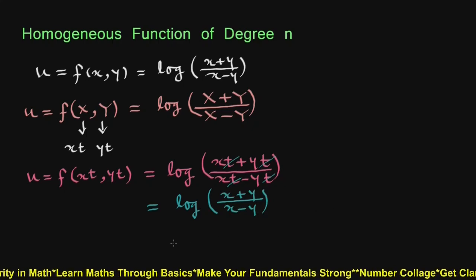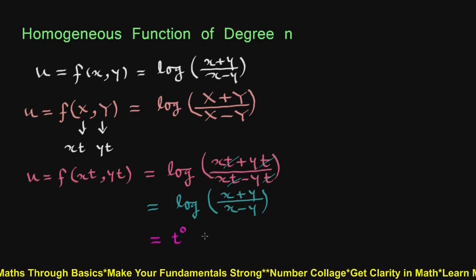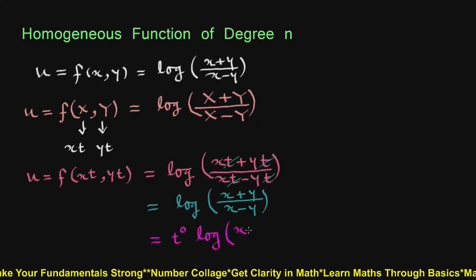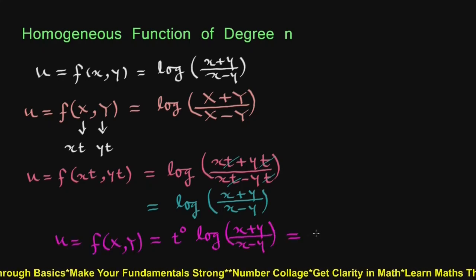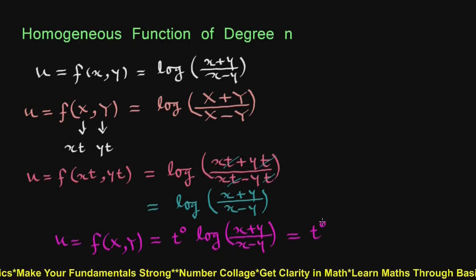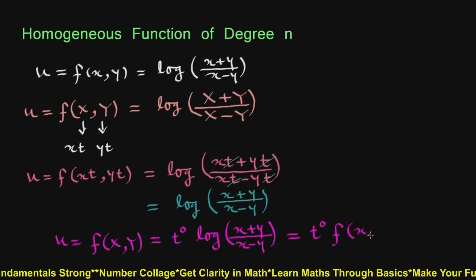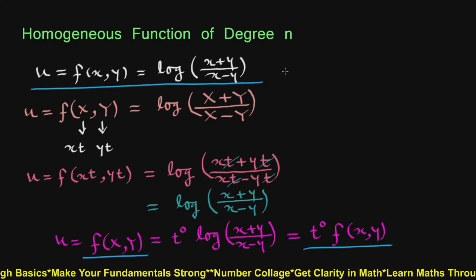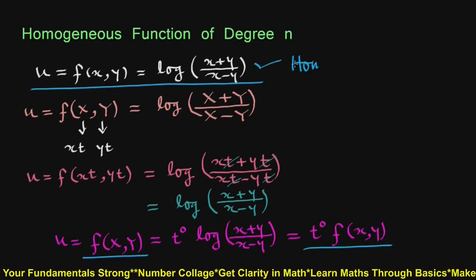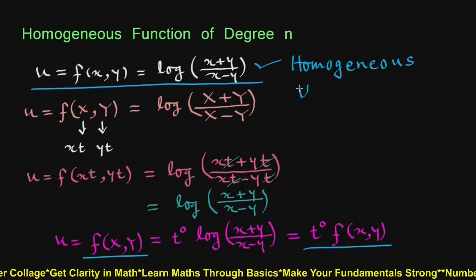We can write this as t raised to 0, which is 1, times log of x plus y upon x minus y, which is in the form of some power of t times f of small x, y. Hence, we can say that this function is homogeneous with degree 0.